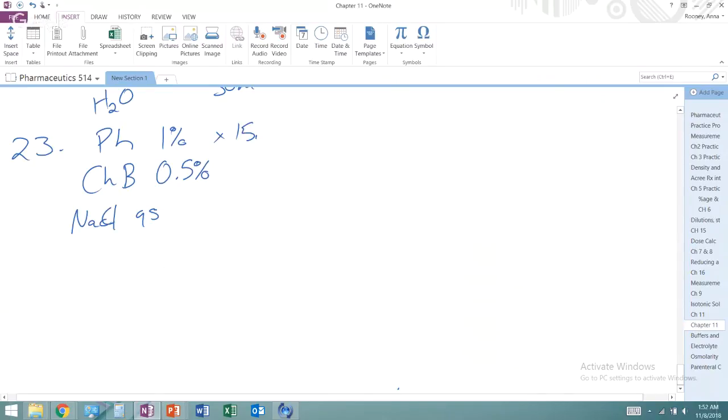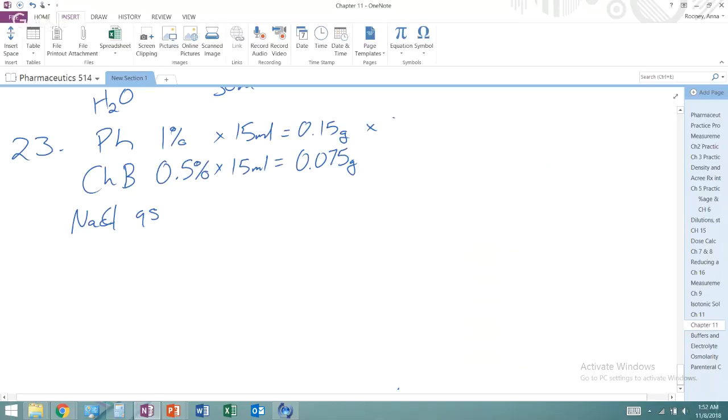All right, so 15 ml, to figure out how much we have of this stuff in here, which is 0.15, and this is 0.75 grams. And then the value of phenocaine, oh, that was procaine.